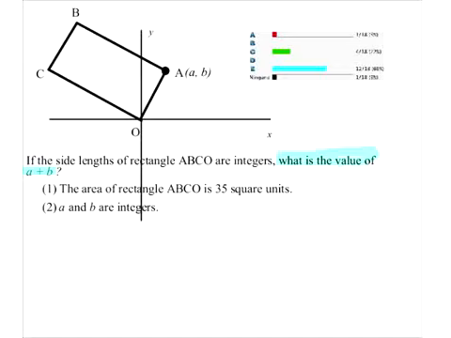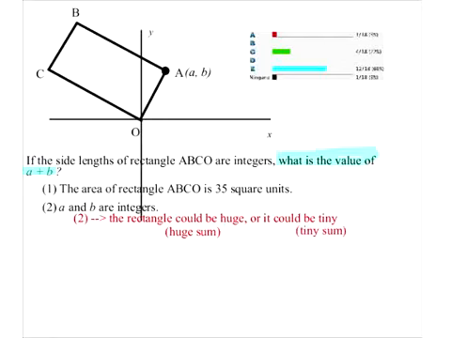If A and B are just random integers, then visually speaking, the rectangle could be huge or it could be small. If the rectangle is huge, you would have a huge sum of A and B. If the rectangle were tiny, you would have a tiny sum of A and B. So that's not sufficient.